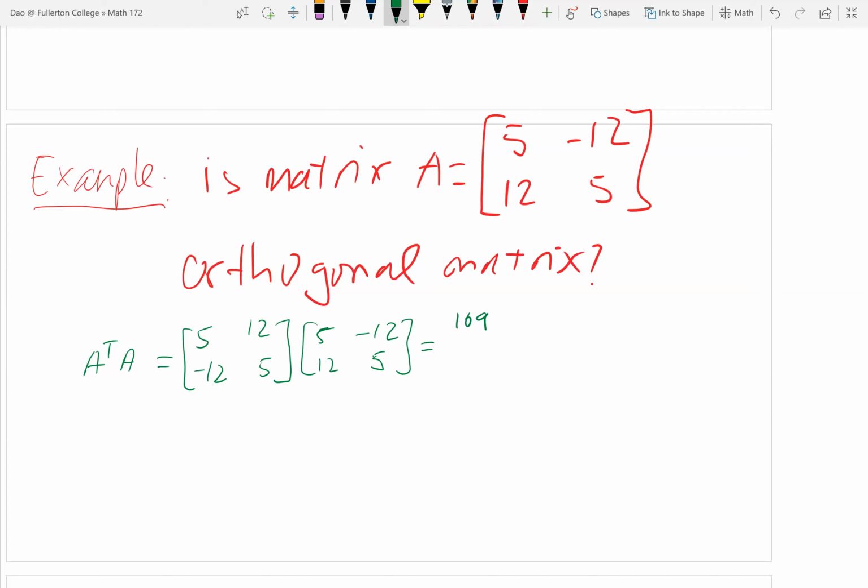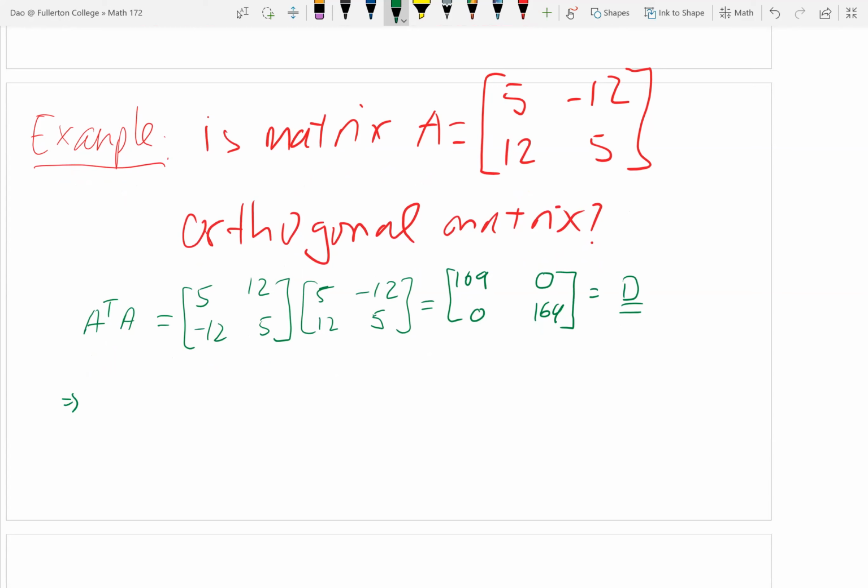Then 5 times -12 plus 12 times 5 is 0, so this is 0, 0, and then 169 here. So this is a diagonal matrix, not the identity matrix. So A is not an orthogonal matrix.